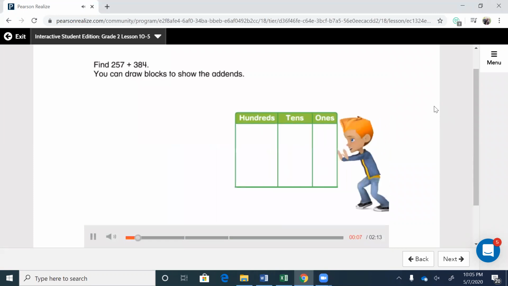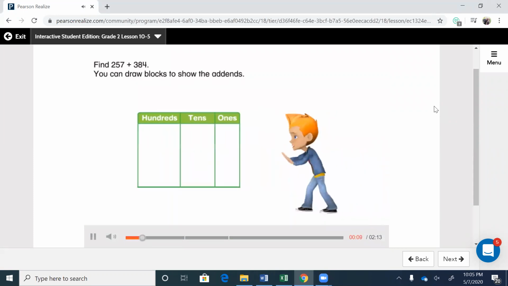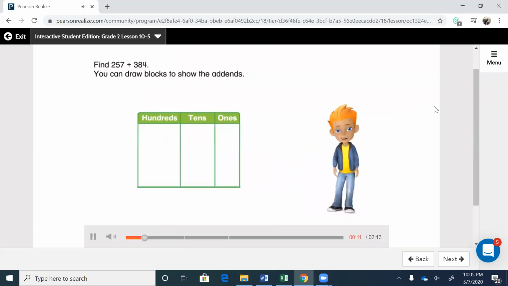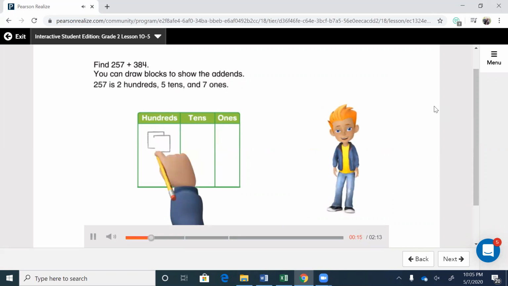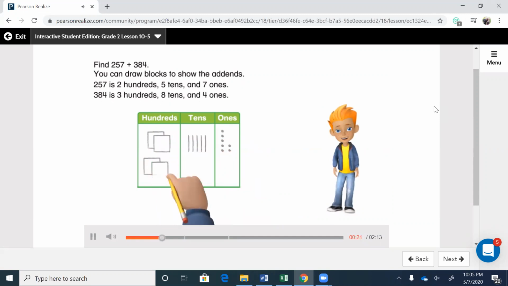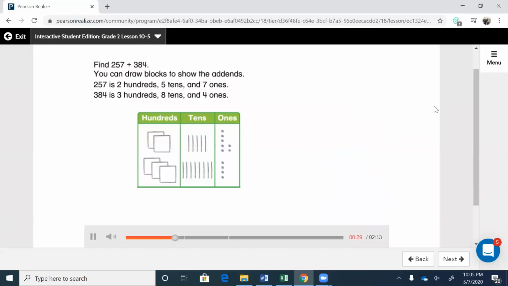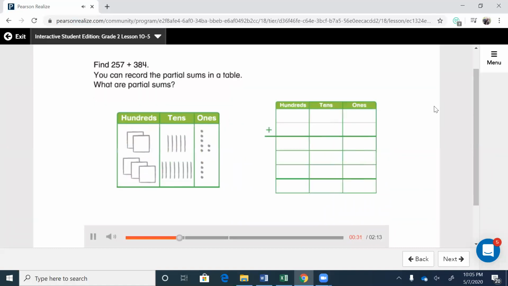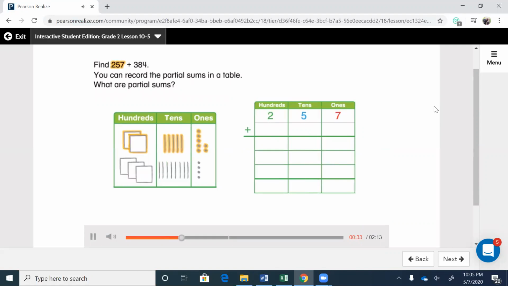Find 257 plus 384. You can draw blocks to show the addends. 257 is 2 hundreds, 5 tens, and 7 ones. 384 is 3 hundreds, 8 tens, and 4 ones. You can record the partial sums in a table.